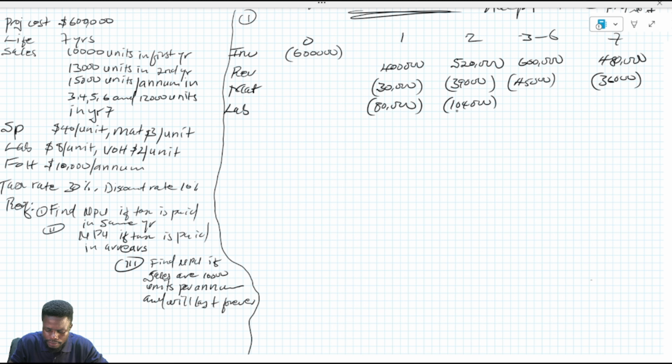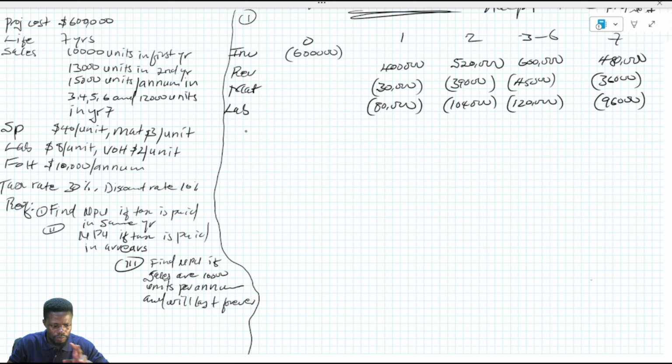Year three to year six, you have $120,000. And year seven, you get $96,000, when you multiply the $8 per unit times the 12 in the last year.